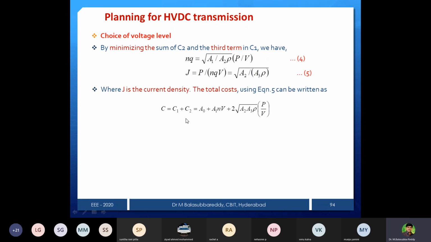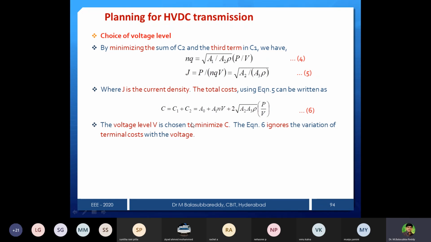So this is the final conclusion we got. The voltage level must be chosen to minimize the cost C. So we have to choose this voltage in such a way that we get the minimum cost, by considering the investment cost or loss, all these things, by consideration of the voltage level.